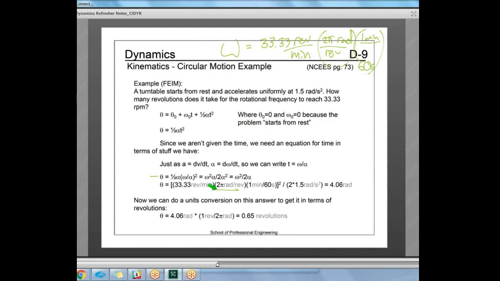And then to turn minutes into seconds, we'll remember that 1 minute is 60 seconds. So there we go. We've got our multiply by 2 pi, then divide by 60. And after we've done that conversion, we can square it. And then our equation finishes out by dividing by 2 alpha, which is 2 times 1.5 radians per second squared. We get 4 radians.